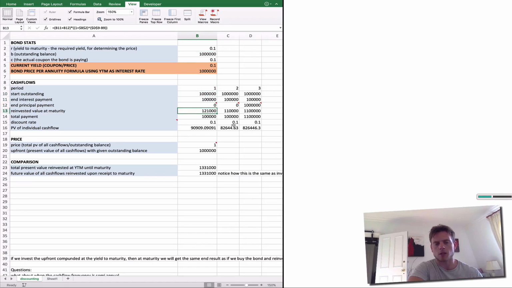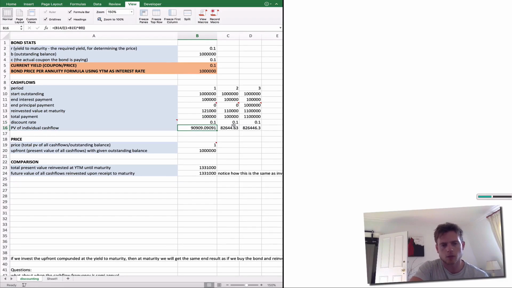So again, we work backwards from the cash flows and we say, if our discount rate is 10%, in other words, if we can get 10% elsewhere for our money, then each cash flow has to be discounted back to the present at that rate in order to find out how much each cash flow is worth in today's money, right? Because when you price the bond, you're literally saying, look at all the cash flows that the bond is expected to pay me and determine on an individual basis how much it's worth paying for each of those, and then just adding them all up, and that's the amount that you're willing to pay for the overall bond today, okay?